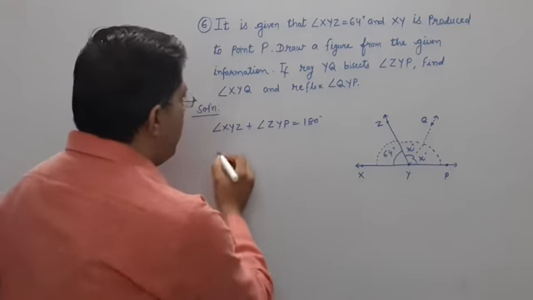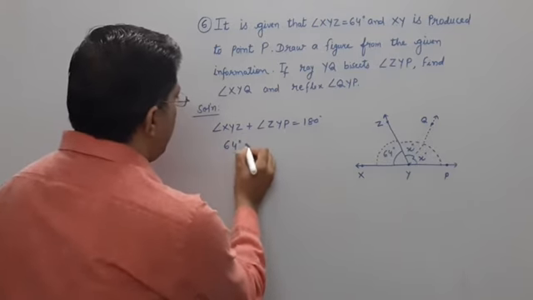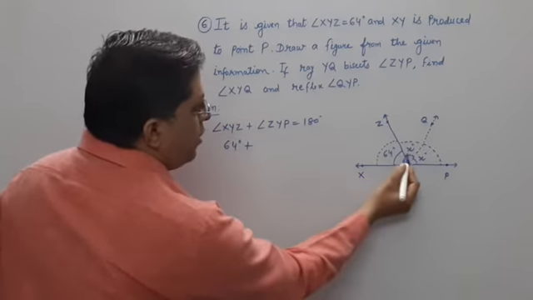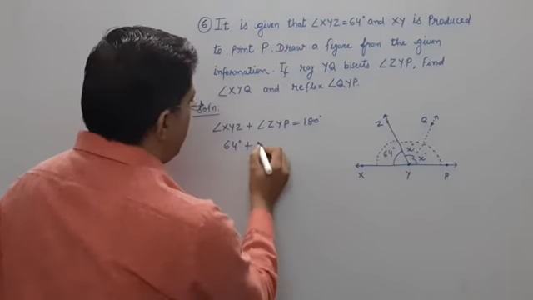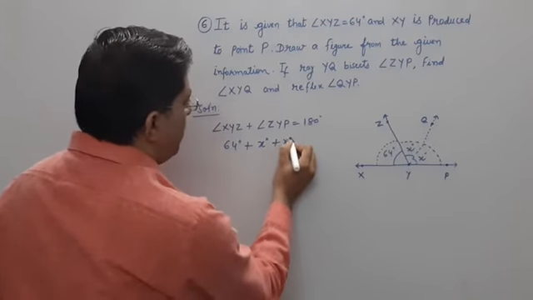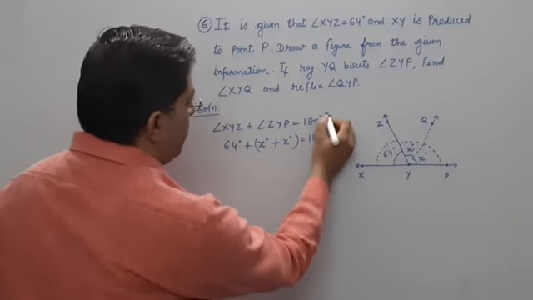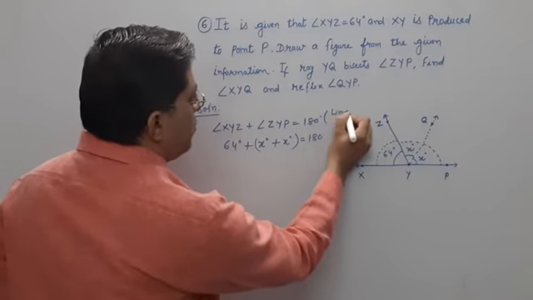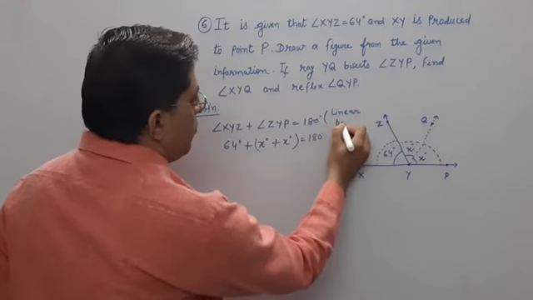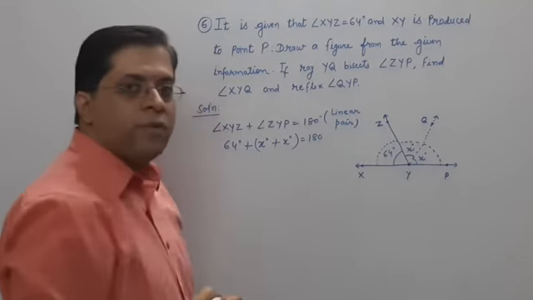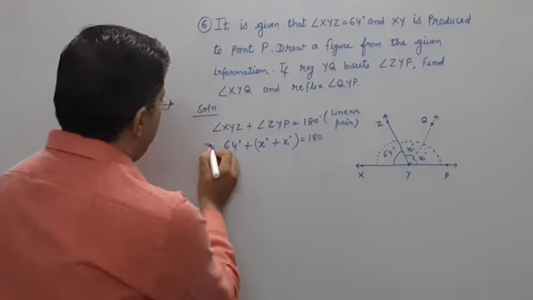Then here XYZ is 64 and ZYP is x degree plus x degree, this is 180 degree, and the reason is linear pair. Clear?